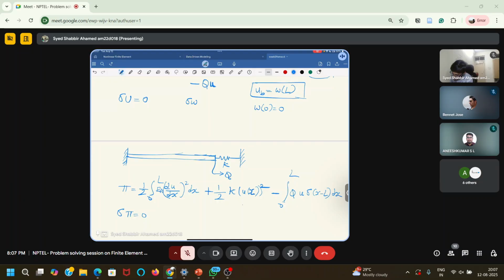This also we can write as delta of x minus L. So now you can do this, and this will be the form. You apply this variational, make it 0, you will get the answer. It's not very hard to do.